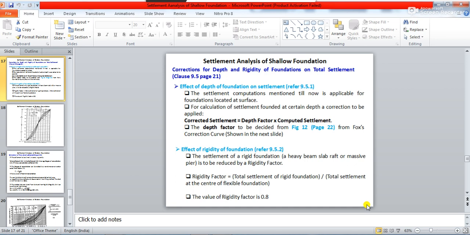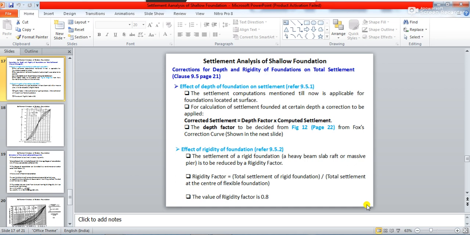So if the footing is a rigid footing, whatever is the corrected settlement value you get, approximately 80% value will be the settlement of that footing. That means the settlement under a flexible footing will be more than the rigid footing. By how much? The settlement of rigid footing will be approximately 80% of a flexible footing. Okay.